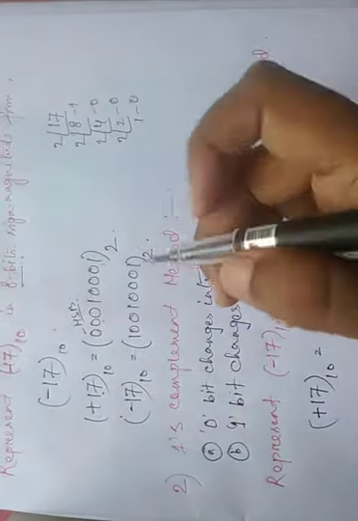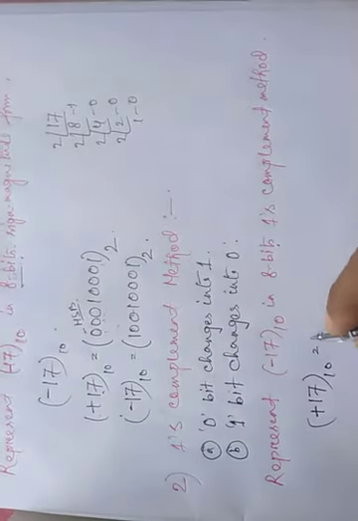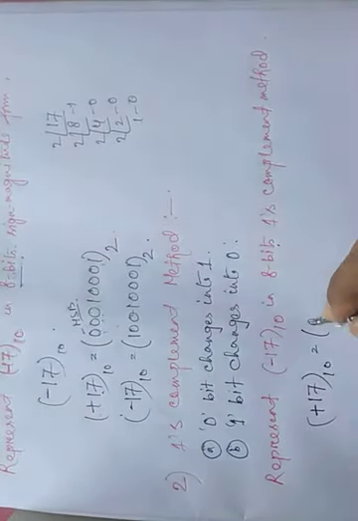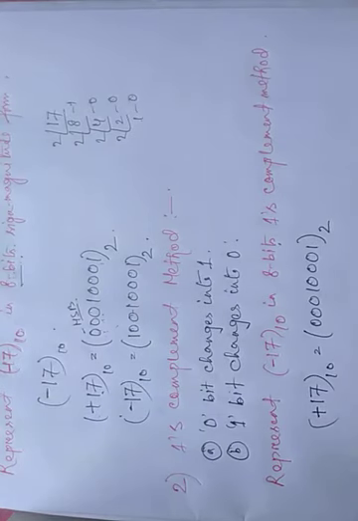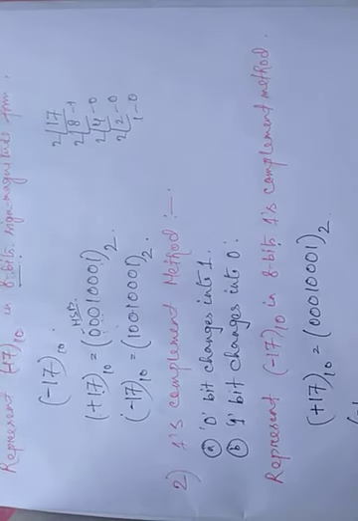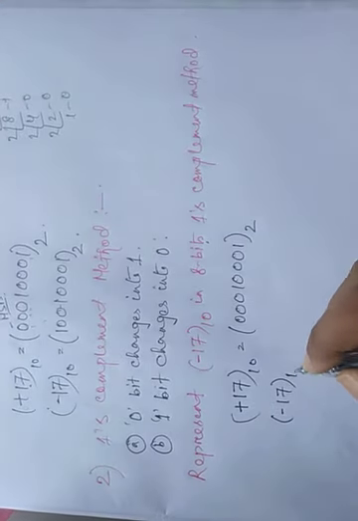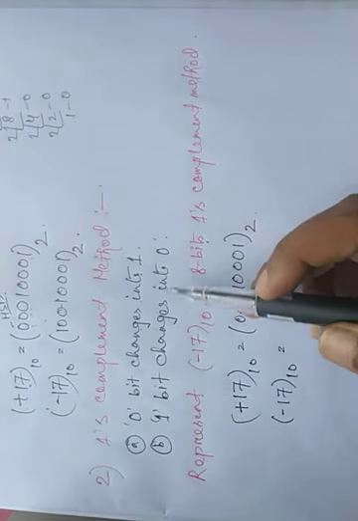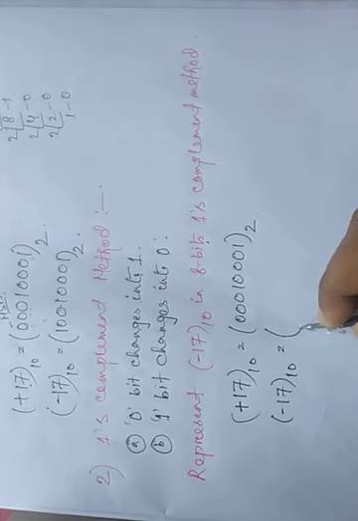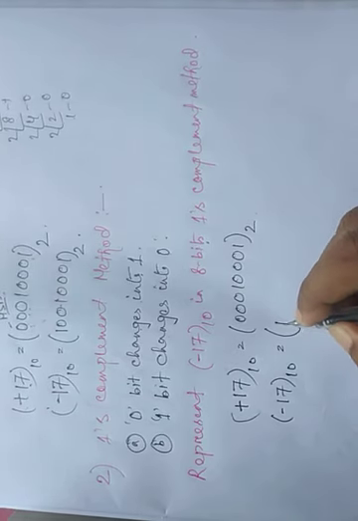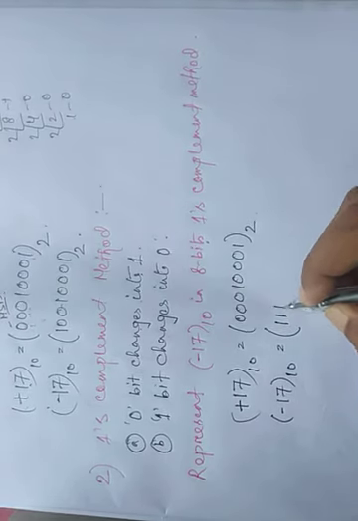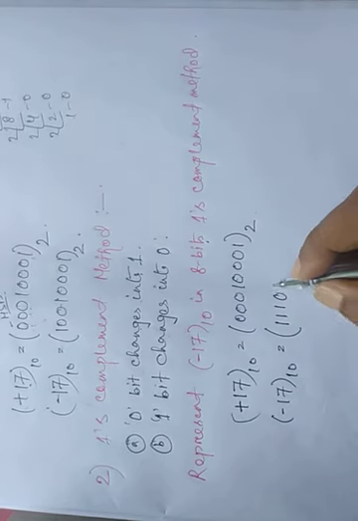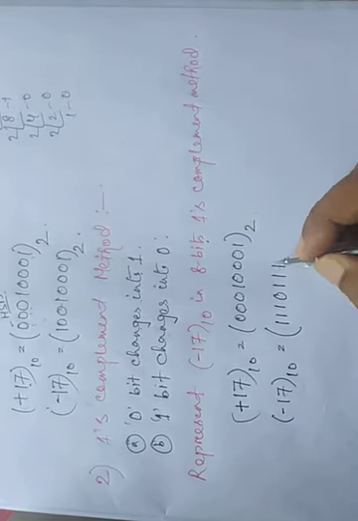So plus 17 in 8-bit, we already know that. This is plus 17. Okay, now for minus 17 in 1's complement, what is its rule? 0 bit changes into 1, 1 bit changes into 0. So here 0 changes into 1: 1 1 1 0 1 1 1 0.